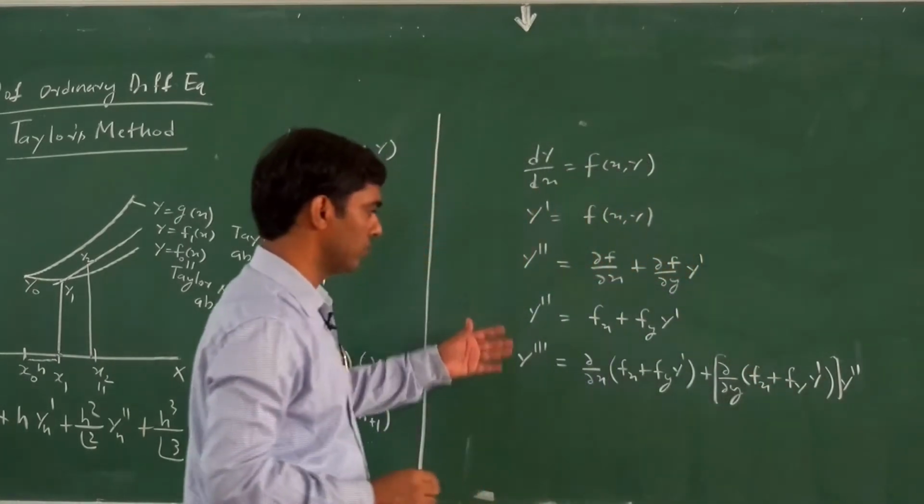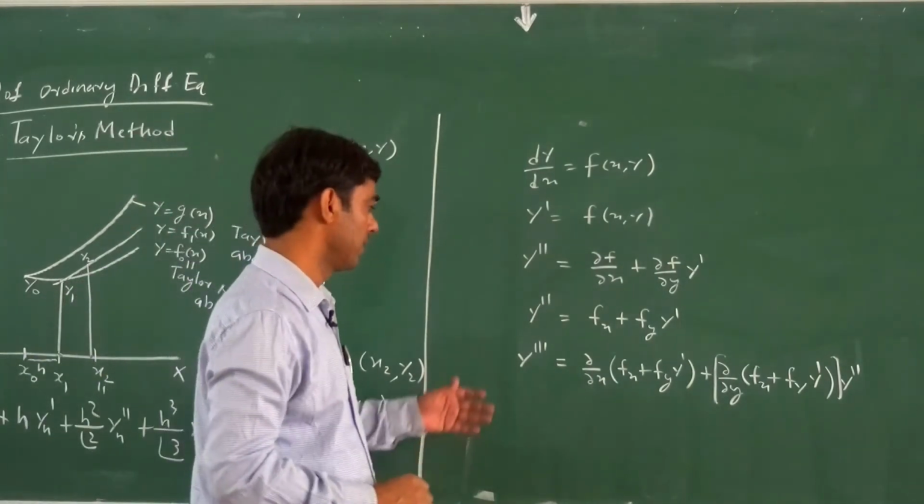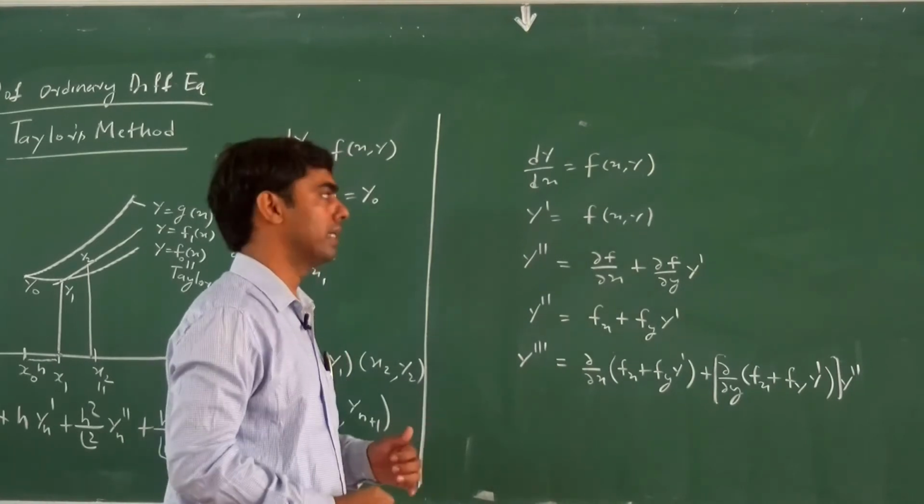After simplification, in this way we are able to find y double dash, y triple dash, y4 dash and yn dash.